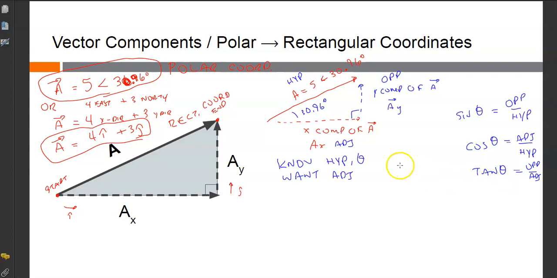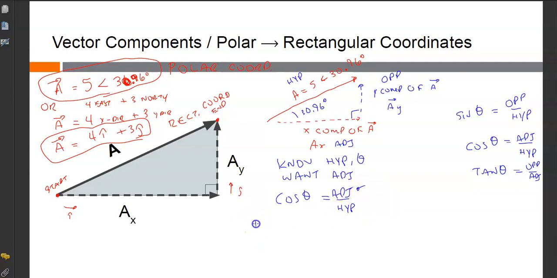Well, they all have theta, so don't worry about that. The one that has adjacent and hypotenuse would be cosine. So that's the trig function that I want to use. And I would say cosine theta equals adjacent over hypotenuse. I'm looking for the adjacent, so I want to get rid of that divided by hypotenuse.